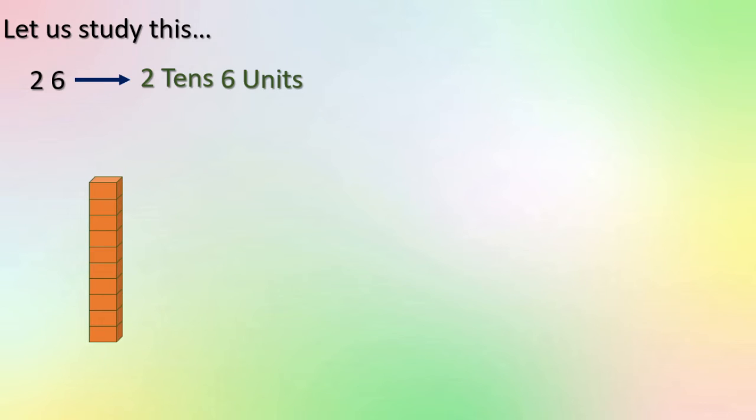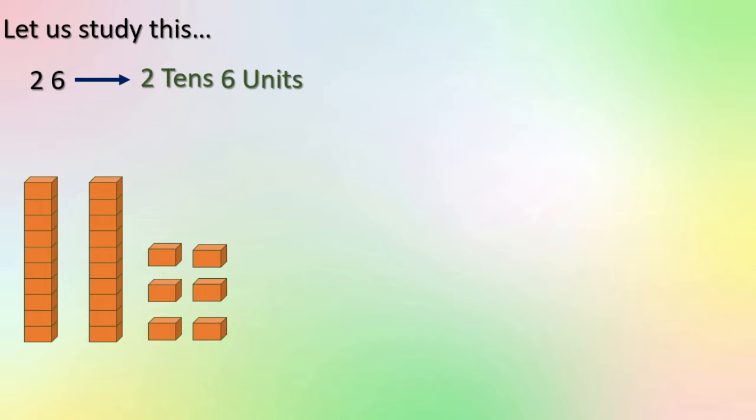Okay, let us study this. Here you can see a number 26. This is nothing but 2 tens and 6 units. You know this, right? Okay, we will take 2 tens like this. This is 1 ten and this is second ten and 6 separate blocks, that is 6 units, isn't it?